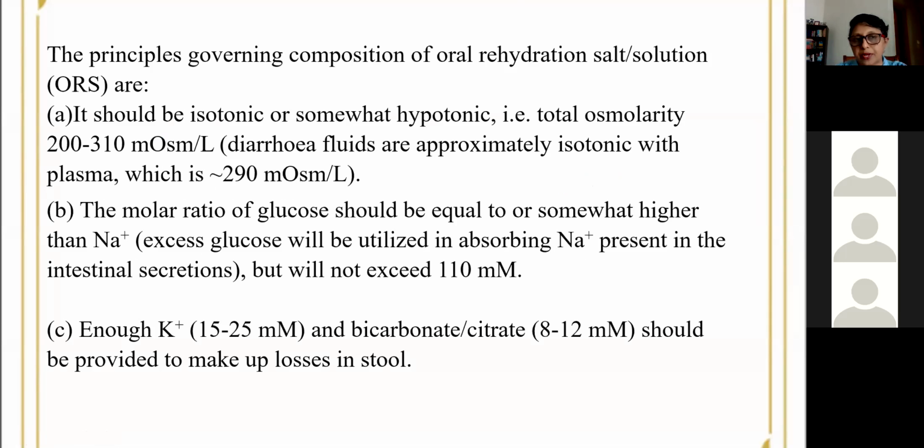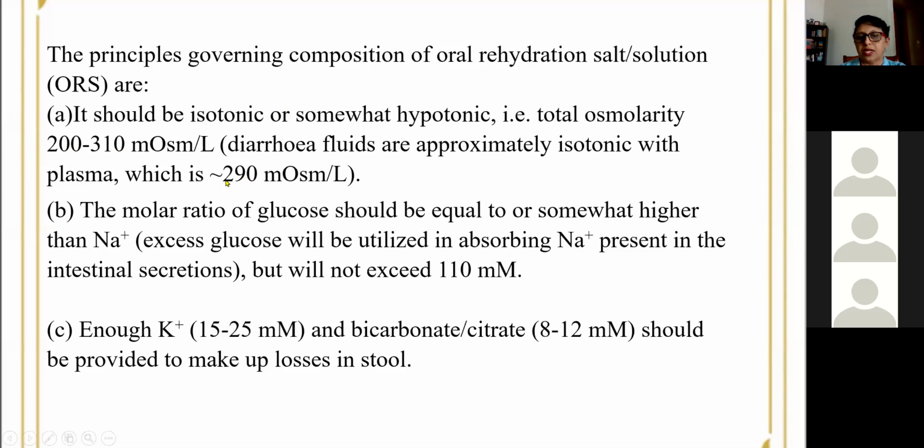Then what are the principles governing the composition of oral rehydration salt? You might have seen the ORS packets. So what governs the composition? It should be isotonic, that is, like plasma, where the osmolarity is around 290. So it should be between 200 and 310 milliosmol per liter.